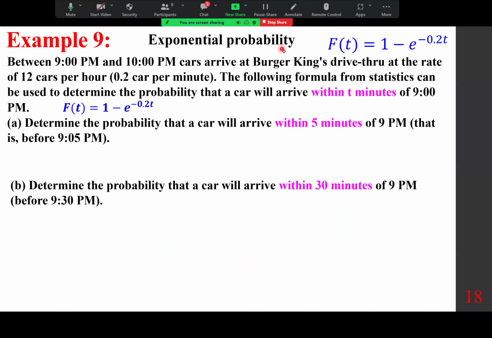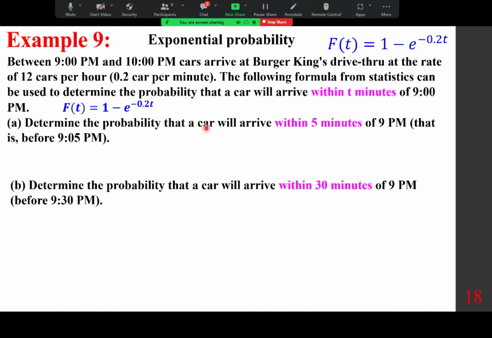Exponential probability, example 9. Between 9 p.m. and 10 p.m., cars arrive at Burger King's drive-thru at the rate of 12 cars per hour, or 0.2 car per minute. The following formula from statistics can be used to determine the probability that a car will arrive within t minutes of 9 p.m.: f of t equals 1 minus e to the power of -0.2t.